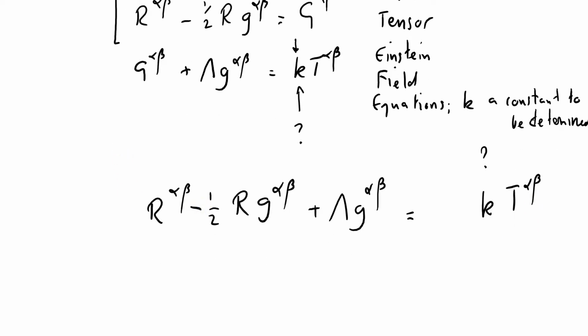Should be a minus there. And what I'm going to do is fool around with this equation and bring it into an alternative form. So I'm going to multiply by g alpha beta on the left and the right and see what happens.